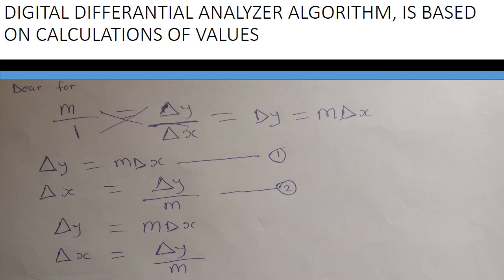Then we have the outcome dy = m dx, where the 1 is just empty and does not have any value. We use 1 to balance it so that we can have dy = m dx with the help of cross multiplication.